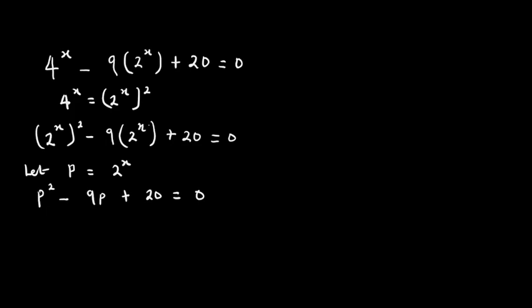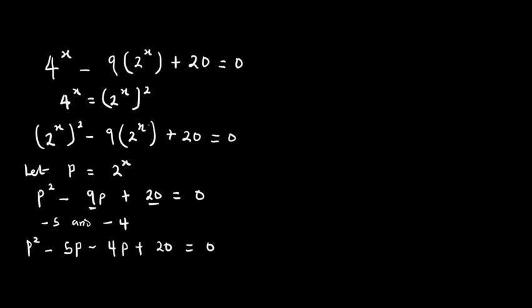Now this is also a quadratic equation, and the factors are minus 5 and minus 4, because minus 5 plus minus 4 is minus 9, and minus 5 times minus 4 is positive 20. So this satisfies our condition, and we say p squared minus 5p minus 4p plus 20 equals 0.